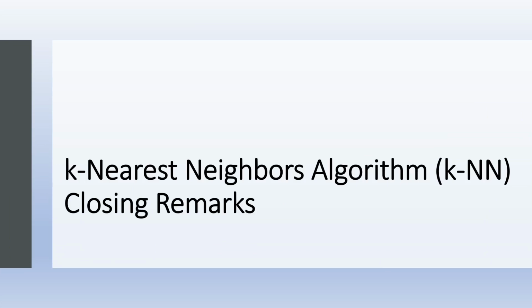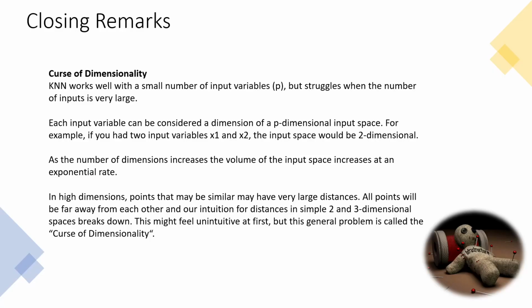Some closing remarks on KNN. We have this concept of curse of dimensionality. KNN works well with a smaller number of input variables, but struggles when the number of inputs is very large. Each input variable can be considered a dimension of a p-dimensional input space.